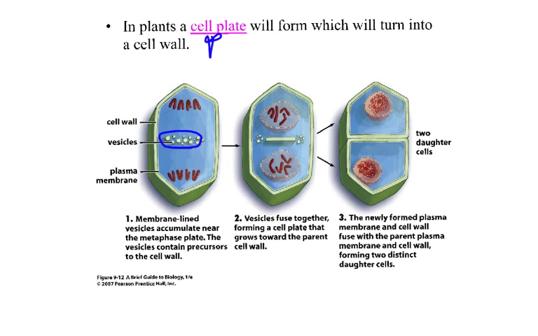The plate is basically the start of a new cell wall. The main other difference is that plant cells don't have centrioles. They use their cell walls as anchor points for their spindle fibers, which should make sense because they're a rigid structure that they can push and pull against. So the cell plate, remember, is the new cell wall as it forms.